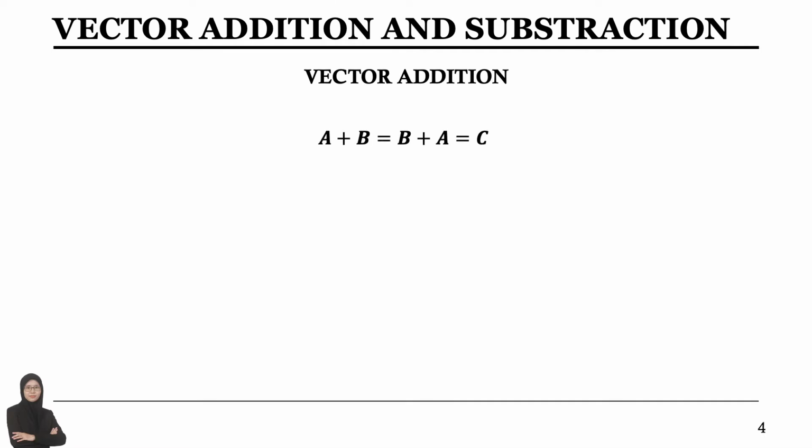Vector addition. A summation of two vectors will give another vector. In this case, I name it vector C. We can write either A plus B or B plus A. Graphically, vector addition can be obtained in two ways, known as the parallelogram rule and the head-to-tail rule.